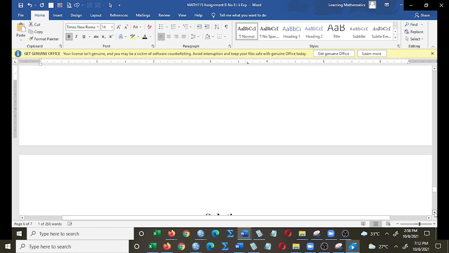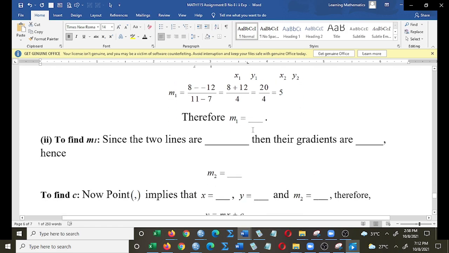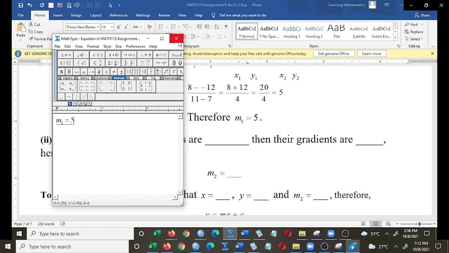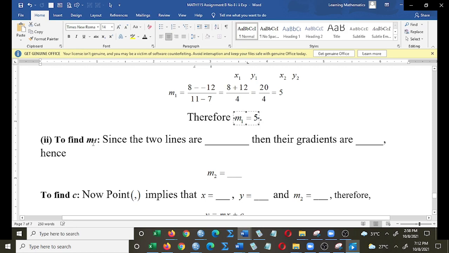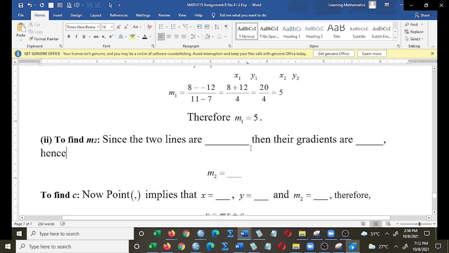So we have already found the gradient, which is parallel. So therefore now M1 is 5. To find M2, since the two lines are parallel, because it says parallel, right?